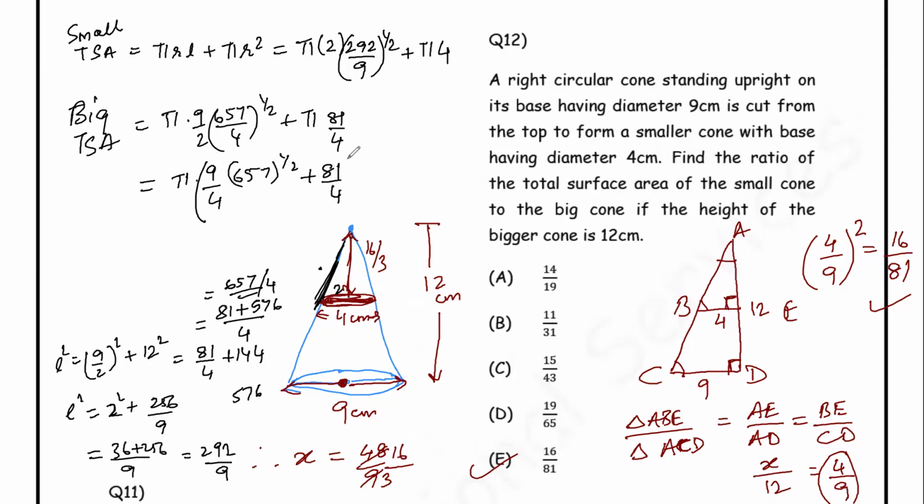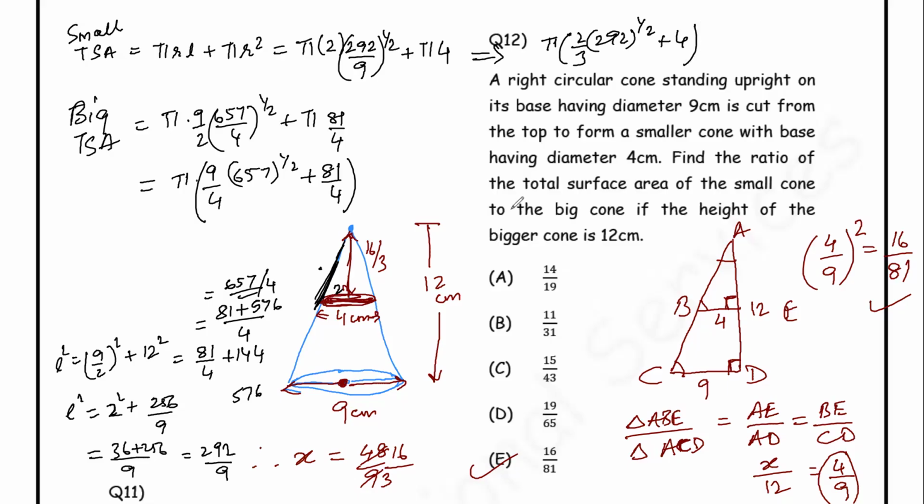I've taken the pi outside. And this one out here is pi. Yeah. And then I have 2/3 because that 9, 3 comes out. 292 raised to half plus 4.